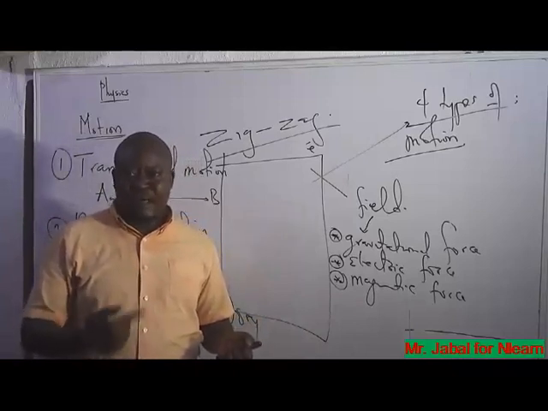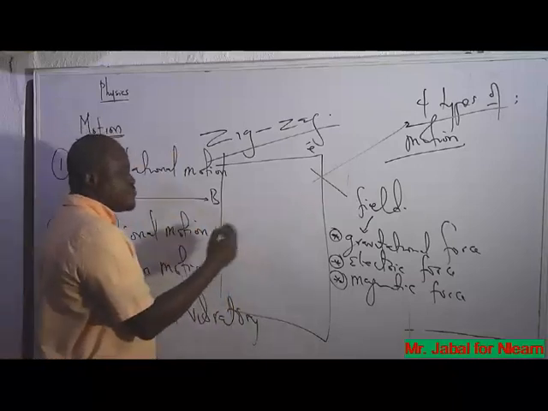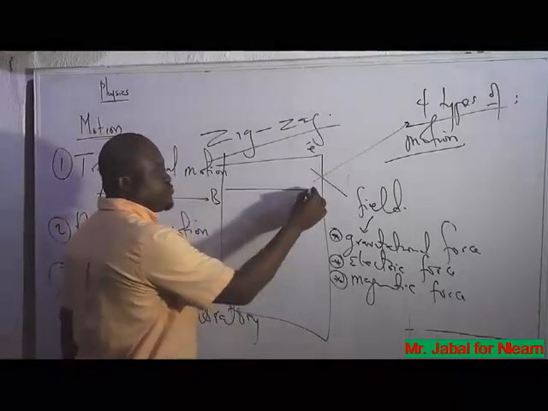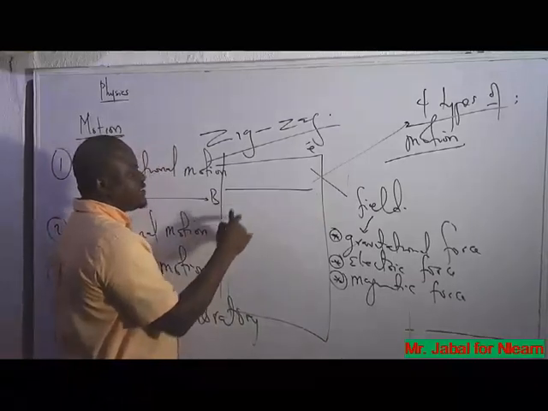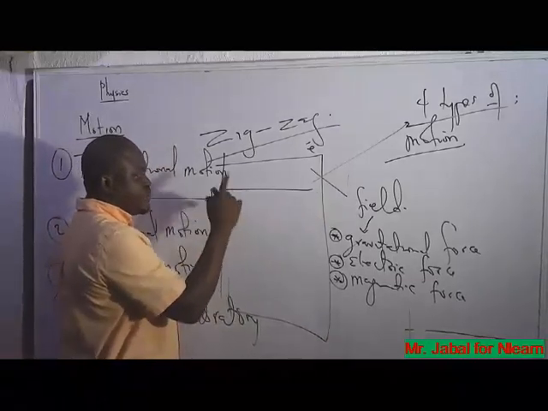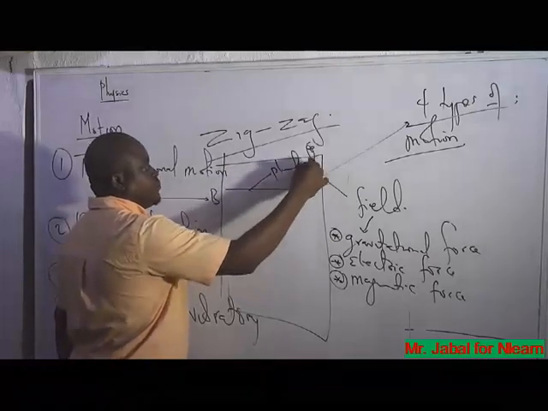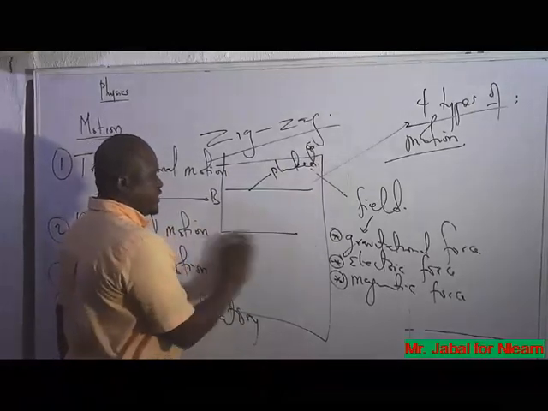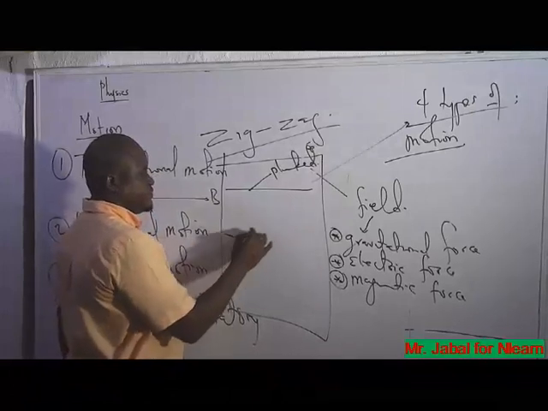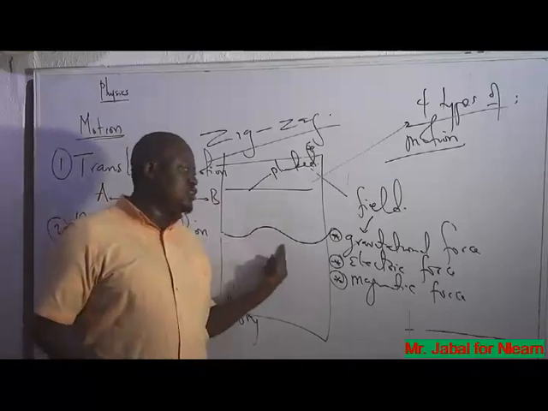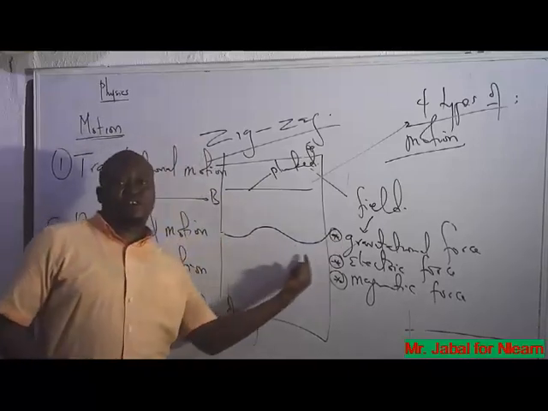As it vibrates through a successive path, when the string is straight, it is like this. But when it is plucked, it moves like this. And this kind of motion is sinusoidal.